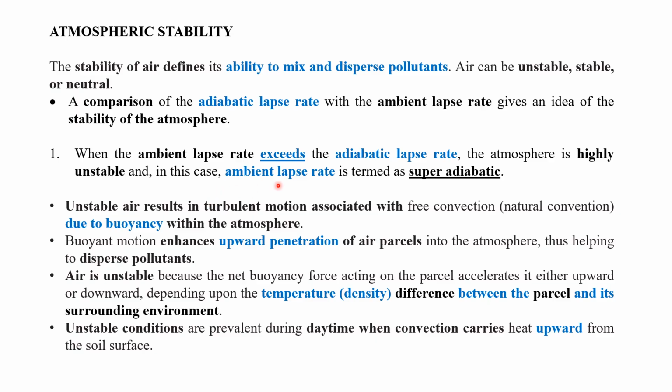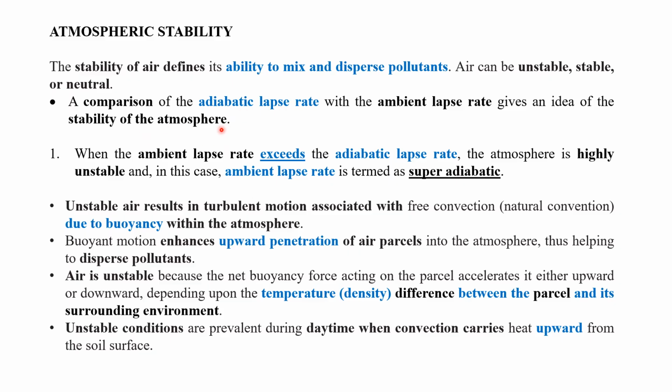Next, we can see the topic of atmospheric stability. The stability of air defines its ability to mix and disperse pollutants. Air can be unstable, stable, or neutral, right? A comparison of the adiabatic lapse rate, which we discussed in the previous slide, and the ambient lapse rate gives an idea of the stability of the atmosphere.